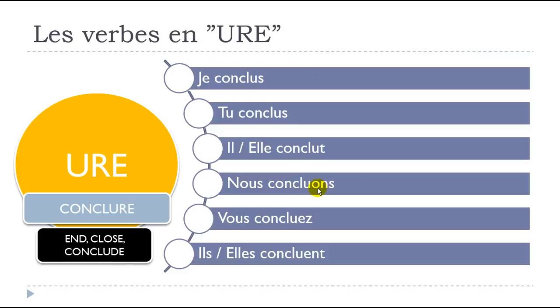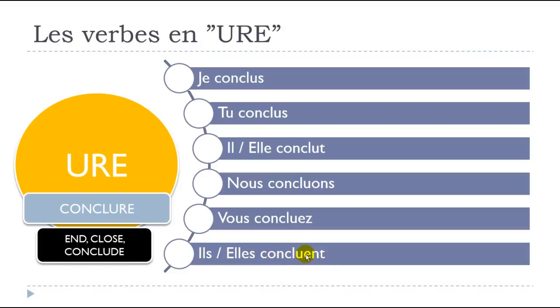The tricky thing in a way is for nous, vous, ils, elles of the plural, because you don't put anything between this U and the ending. So you get concluons, okay? Don't put any S or anything here. So it's not conclusion or conclurons or something like that. For the present form, it's concluons, concluez, and then here conclu.